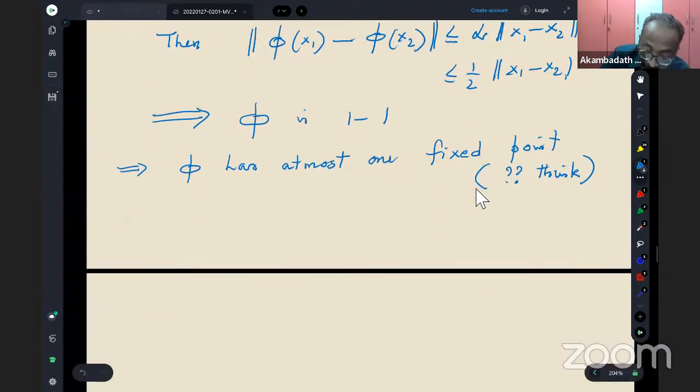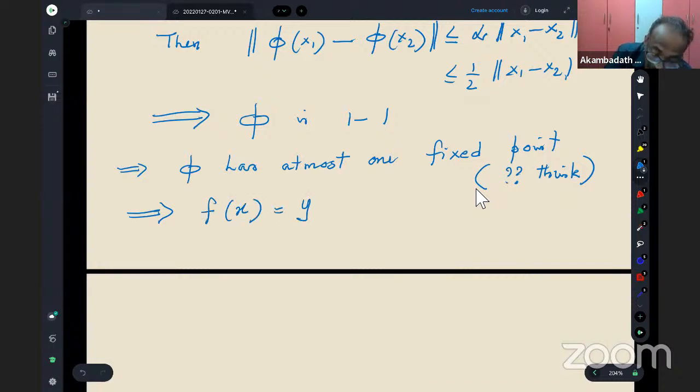What does that mean? When it has at most one fixed point, that implies f(x) equal to y, since a fixed point is the solution of this one. f(x) equal to y has at most one x as a solution in U. What does that mean?